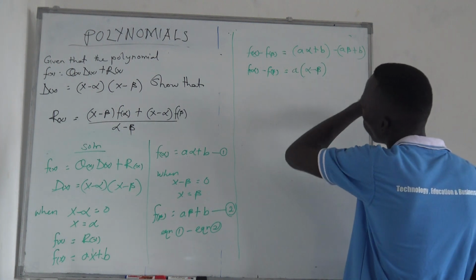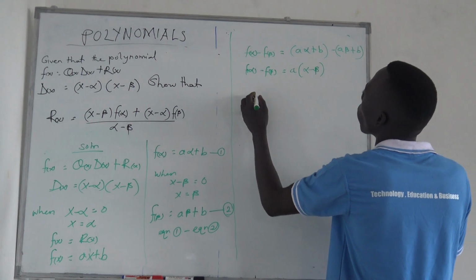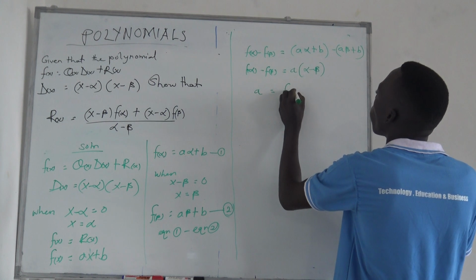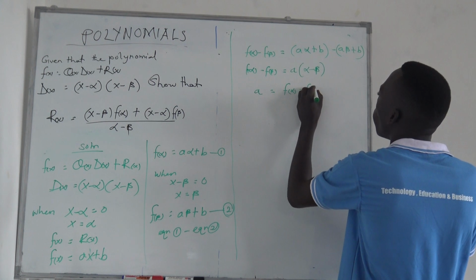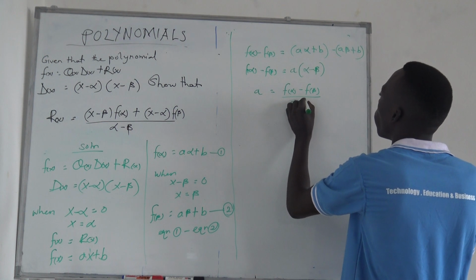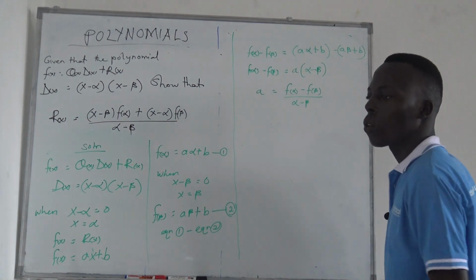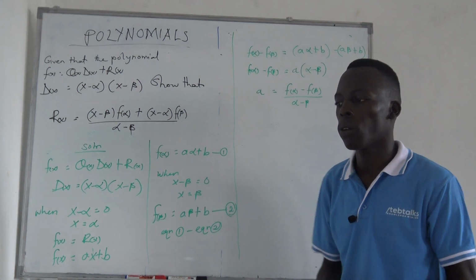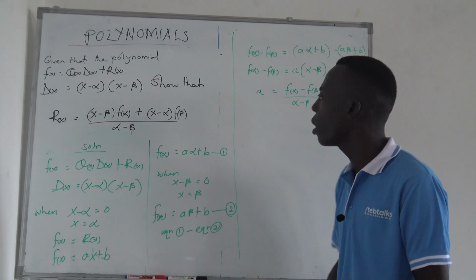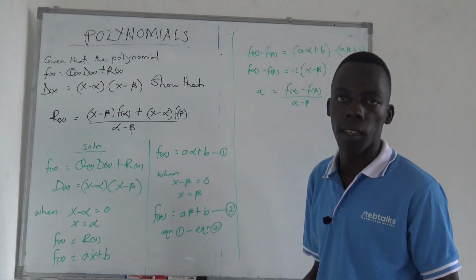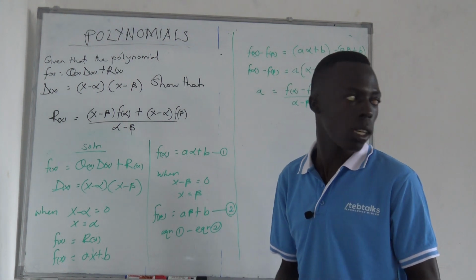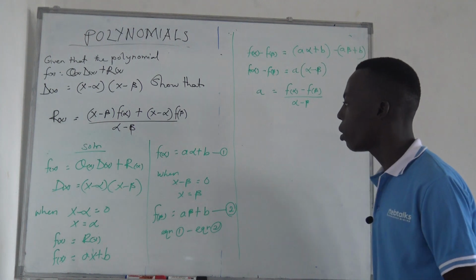After doing that, we make a the subject. So our a will be equal to f of alpha minus f of beta, out of alpha minus beta. After getting the value of a, as we saw in the other example, we have to substitute in either equation 1 or equation 2.